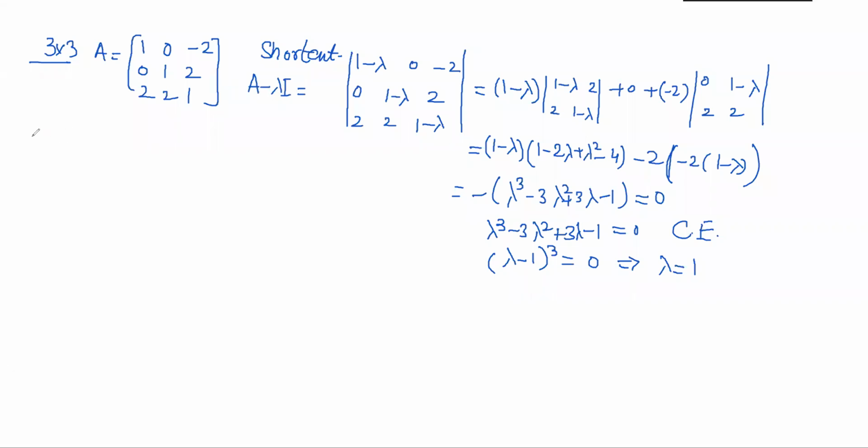Since lambda is 1, the augmented matrix will become: 1 minus lambda is 0, so the rows are 0, 0, minus 2; then 0, 0, 2; and then 2, 2, 0; and the augmented column is 0, 0, 0.